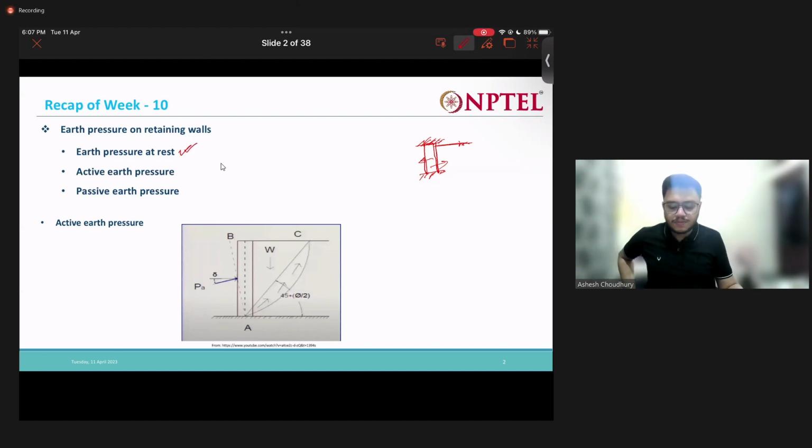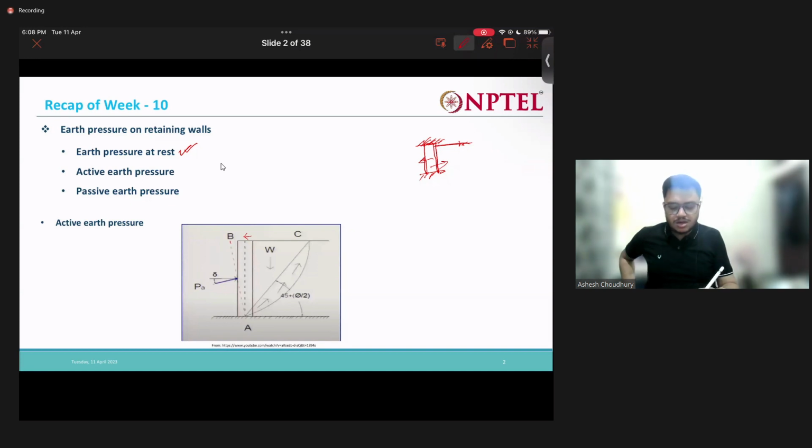Now the second case is the active earth pressure. Active earth pressure means the wall is moving away from the backfill. In that case, the earth pressure acting on that wall is known as active earth pressure.